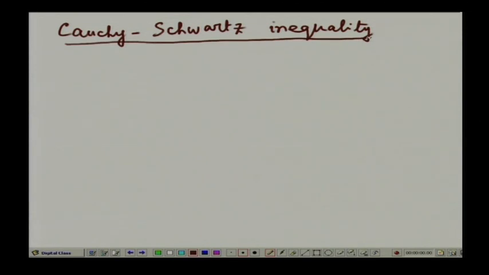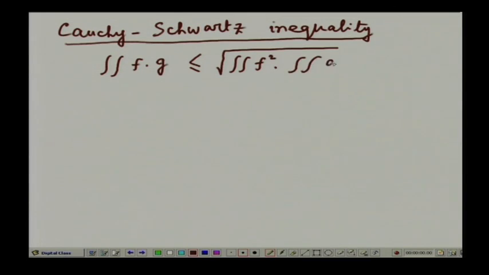The Cauchy-Schwarz inequality says that the double integration of f into g is less than or equal to the square root of the double integration of f squared into the double integration of g squared. These two terms will be equal only when g is equal to some constant c times f.